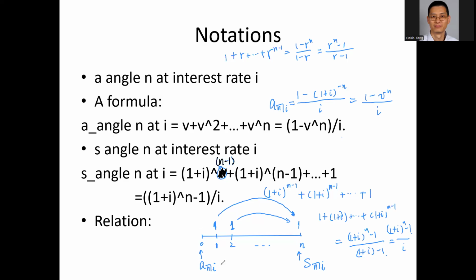This is 1 minus (1 plus i) to the n over i, while the accumulated value, the future value, is (1 plus i) to the n minus 1 over i.